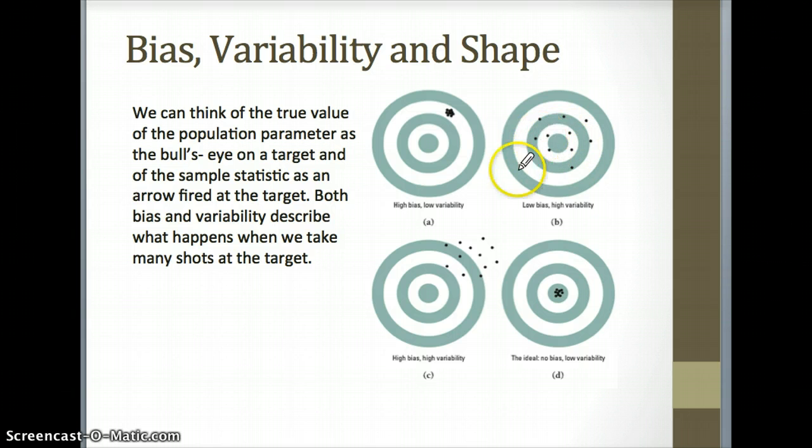Some pretty close to the target, but none are hitting and all of them are scattered, as opposed to high bias and high variability, kind of worst case scenario, because you're nowhere near the target and you're all spread out. But here would be your ideal situation: no bias, low variability. So you are always hitting the target. So everything's close together and hitting your target.